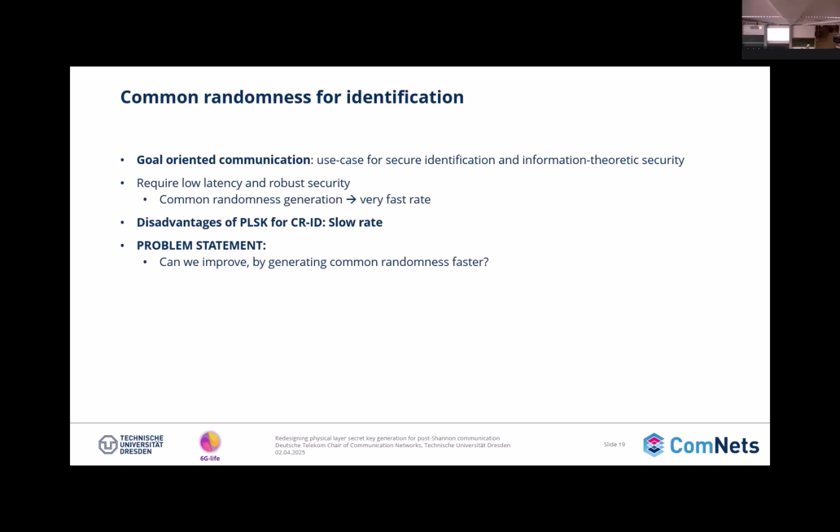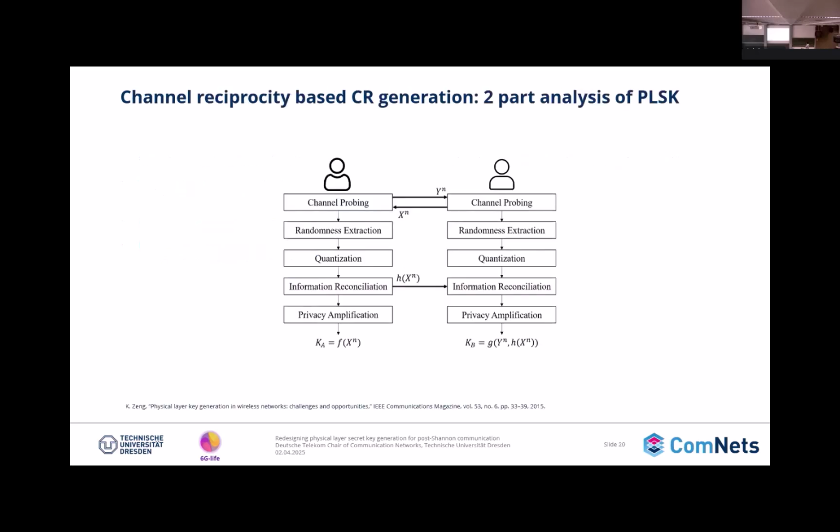So for identification, replicating the PLSK schemes for common randomness generation is not a suitable idea, particularly if you are interested in identifying a very large set of messages. So we want to generate common randomness at a much faster rate, and that is the problem statement that I'm trying to address.